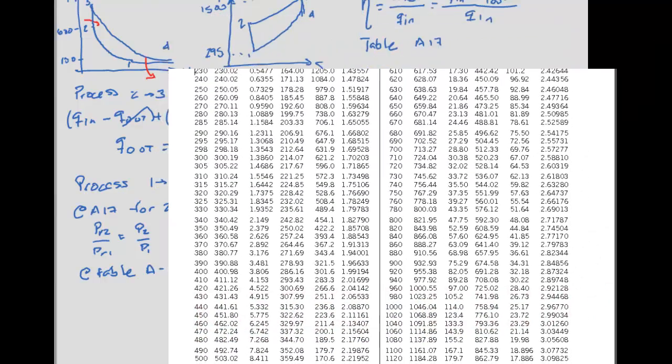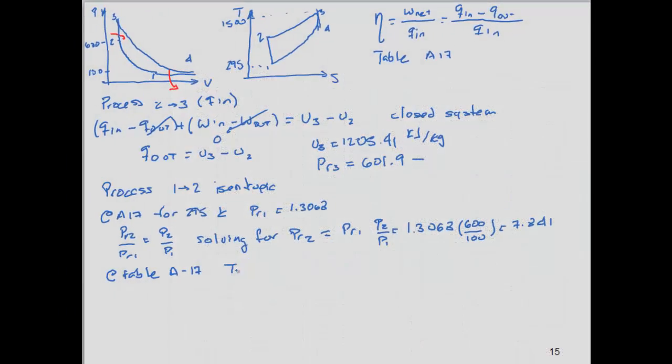that temperature is very close to 590, and that will make U2 equal to 352.08 kilojoules per kilogram. So we have U3, we have U2, we can compute Q in already.